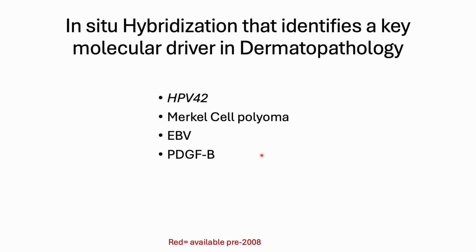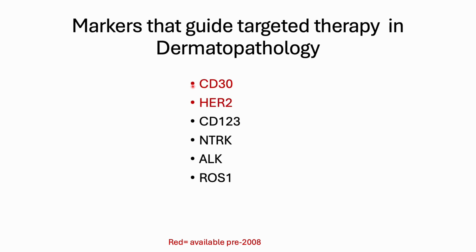And USP6, as we've seen, we can use for nodular fasciitis. And finally, a list of in situ hybridization tests that identify key molecular drivers in dermatopathology. HPV, Merkel cell polyomavirus, EBV, very, very useful test, and PDGFB for dermatofibrosarcoma protuberans again. And markers that guide targeted therapy in dermatopathology. CD30 can be used for guiding anti-CD30 therapy.